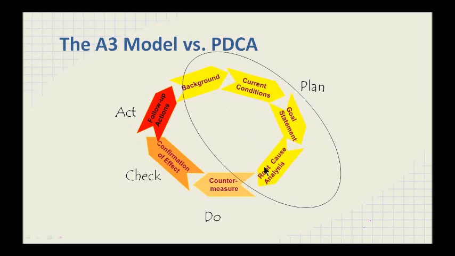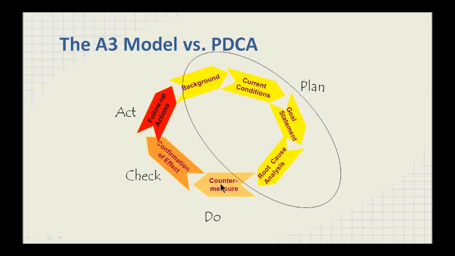So at this point, once you identify them, you confirm them with the team. You might have to confirm the root causes through some type of experimentation, just to make sure that they are actually the significant process inputs that you're looking for. Once that is done, then you are ready to come up with countermeasures to cover those root causes that you identified.